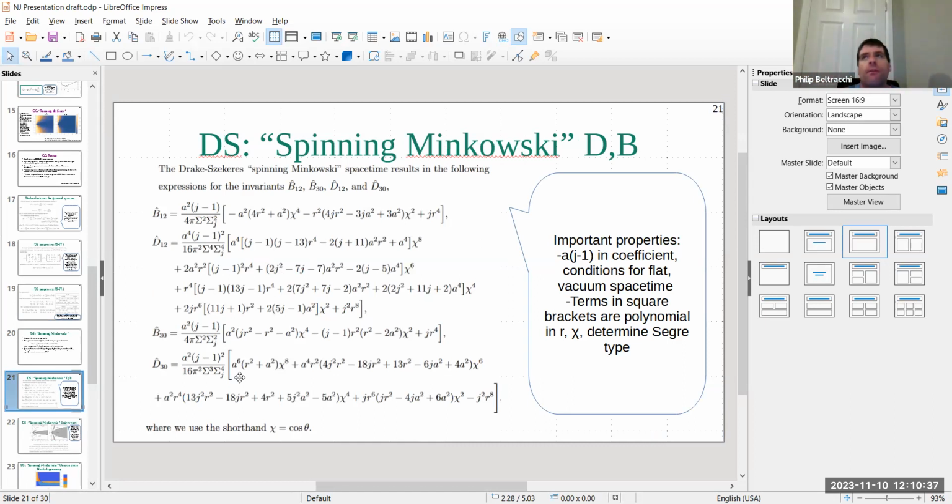I want to mention that there are some well-known Papapetrou class solutions which are somehow singular inside, but outside they are perfectly regular, mass 0, but they have angular momentum. So rotating mass 0 vacuum with singularity inside. And this is the pure spin Papapetrou solution. It would be nice to compare that class of solutions with this spinning Minkowski.